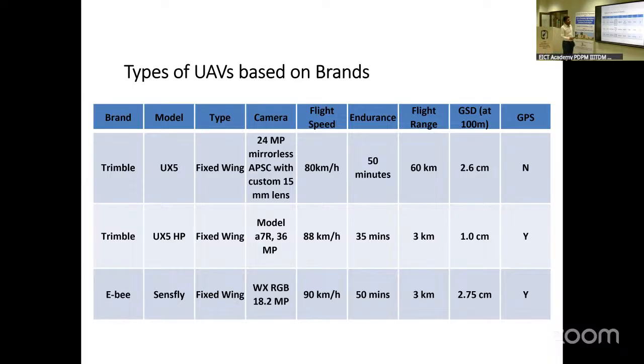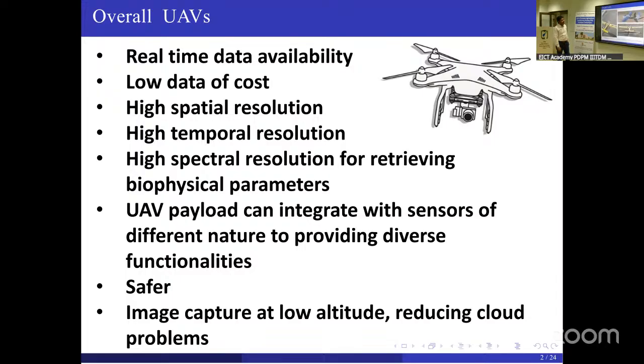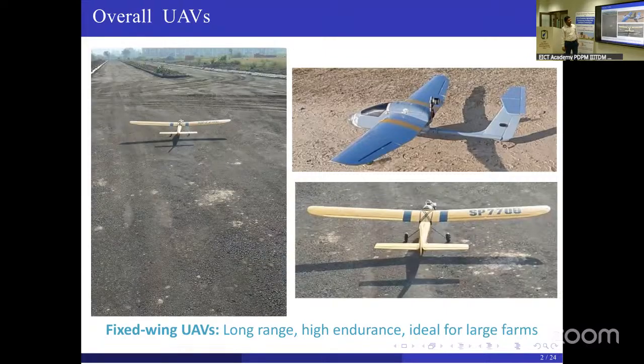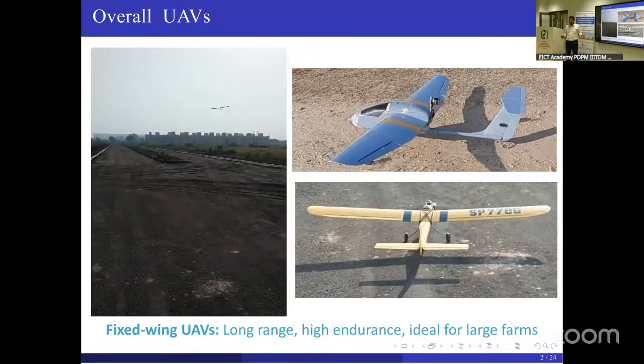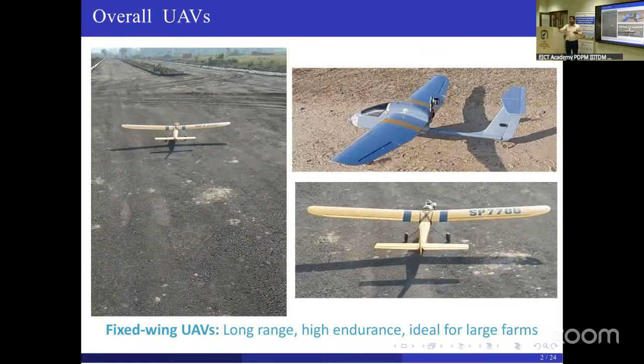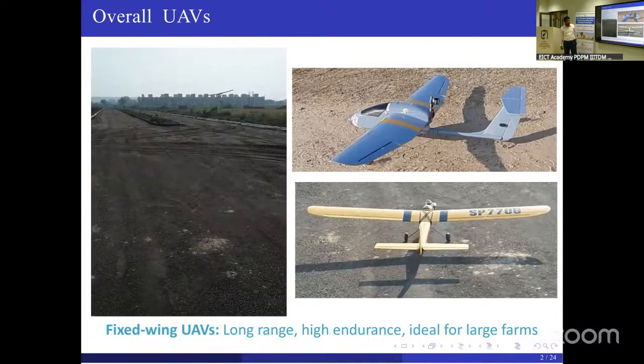So these are the basic operations. This is our fixed wing. If we need larger endurance or a large area to cover, we have to go with the fixed wing.